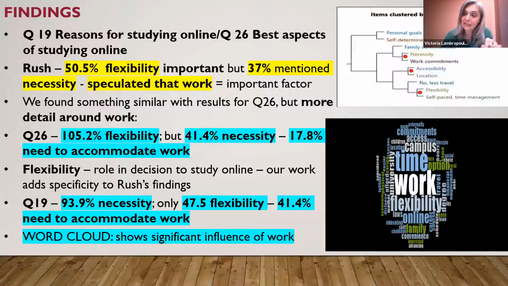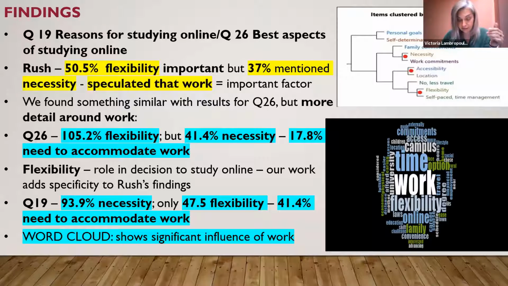So flexibility is not a choice, it's a necessity. And only 47.5% said flexibility. This study also broke down what necessity meant into three basic components. The highest and most significant one was work commitments. That's 41.4%.